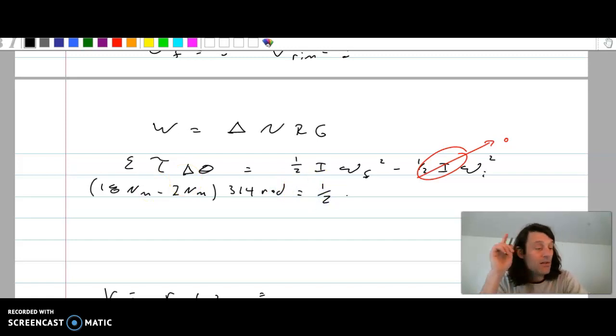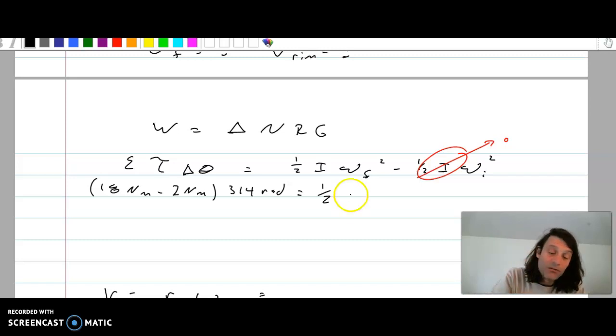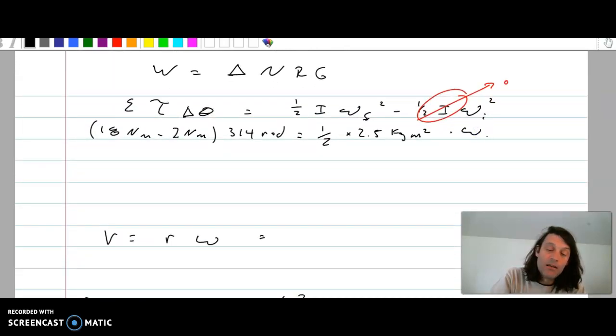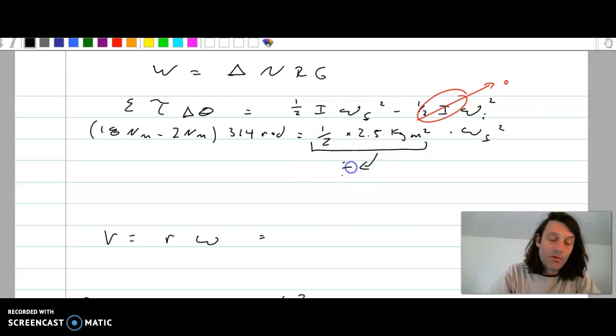1/2. Now remember, the I was given. It's not one you'll have to write an expression for. It's times 2.5 kilogram meters squared, and then we will multiply that by the omega f squared. So all I'm going to do is just push the divide button, which I guess I should have just done with letters first, shouldn't I?